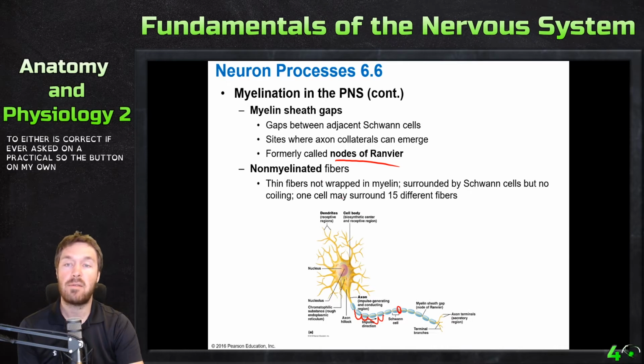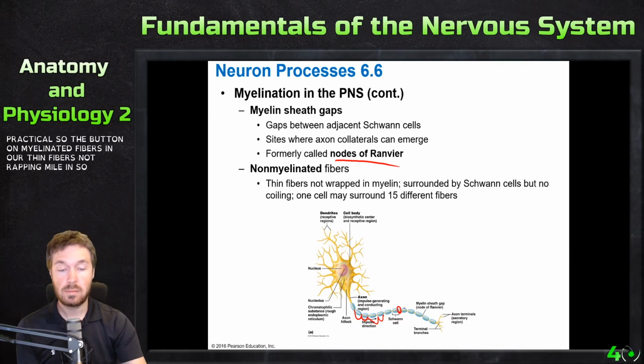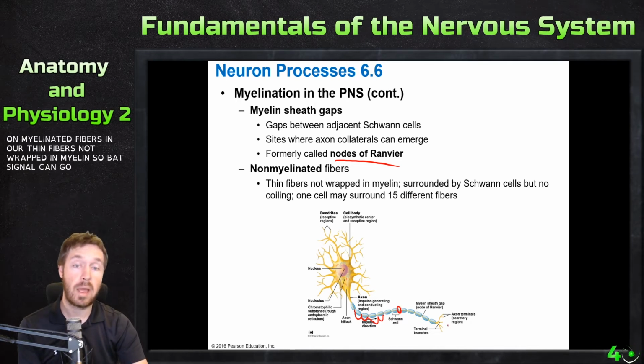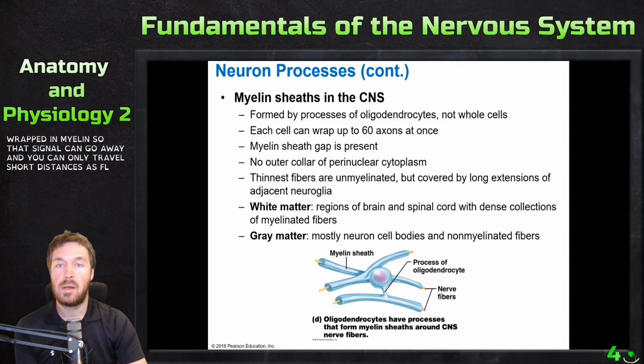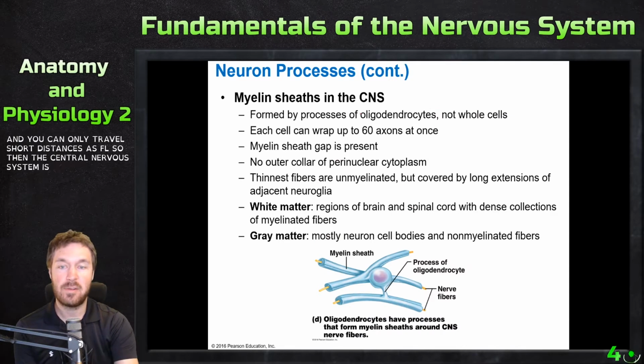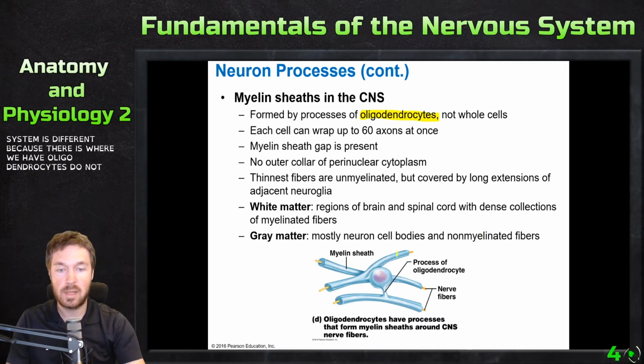But non-myelinated fibers are thin fibers not wrapped in myelin, so that signal can go away, and it can only travel short distances as well. The central nervous system, again, is different because there we have oligodendrocytes. They're not whole cells, and they wrap around multiple neurons.